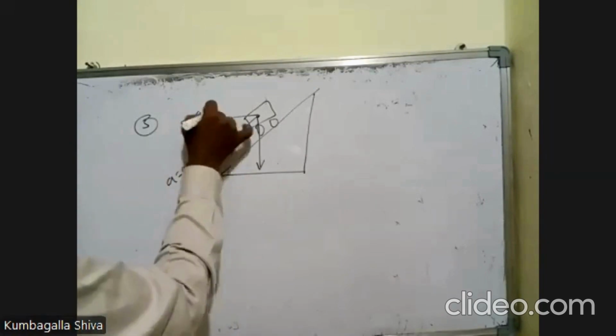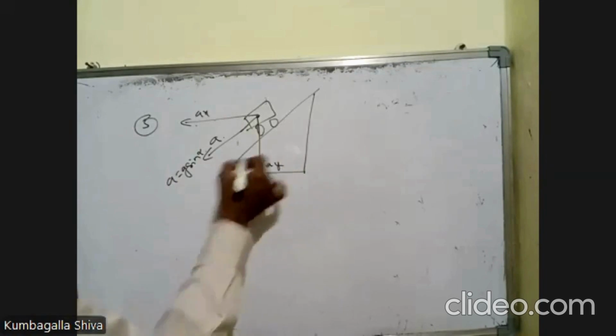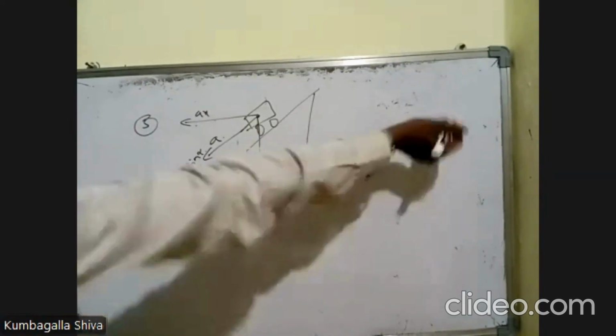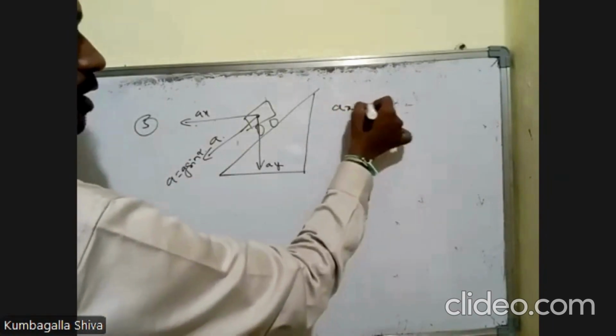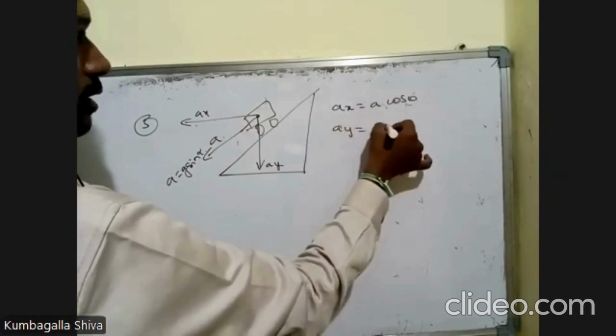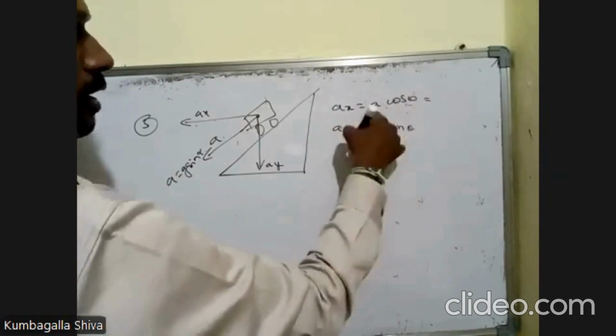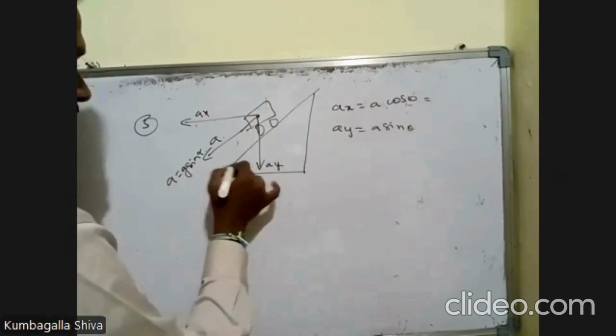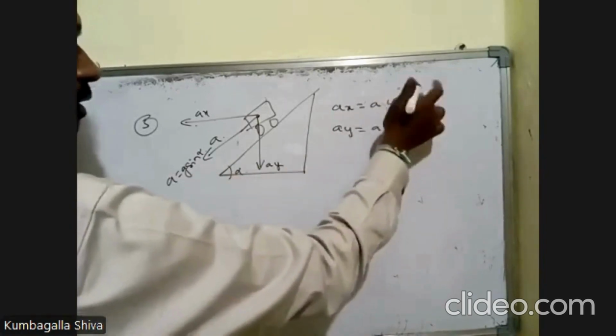This is a x and this is the component a y. Here a x you can write as a cos theta and a y as a sin theta. We know that a is g sine alpha. Here they have given alpha, so please take alpha only.